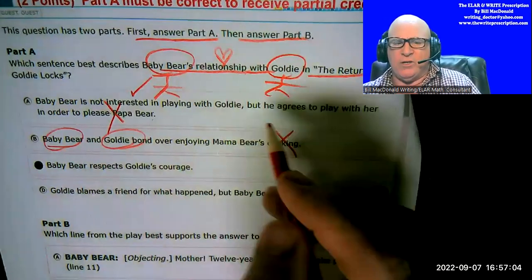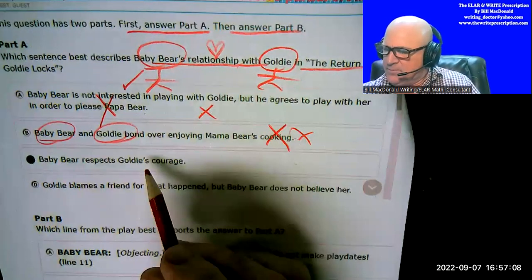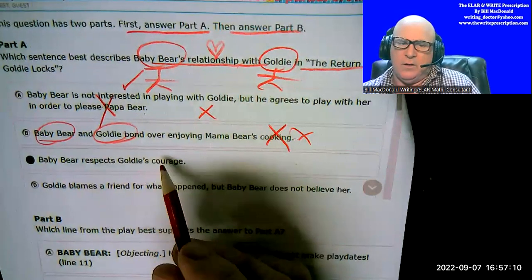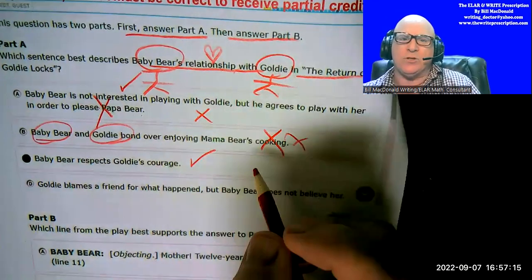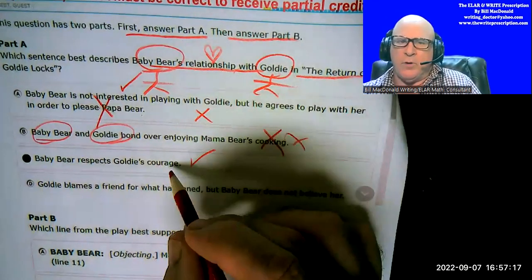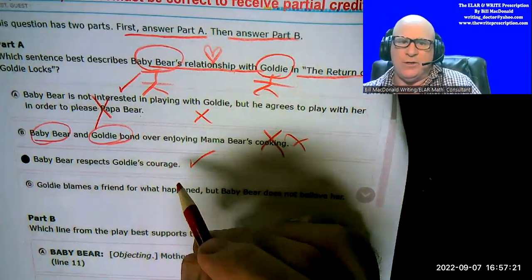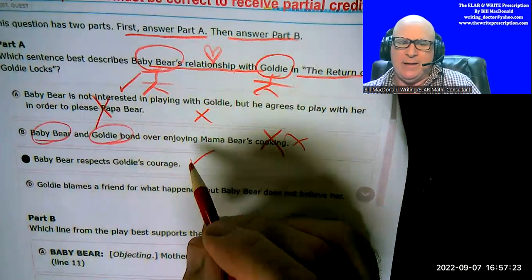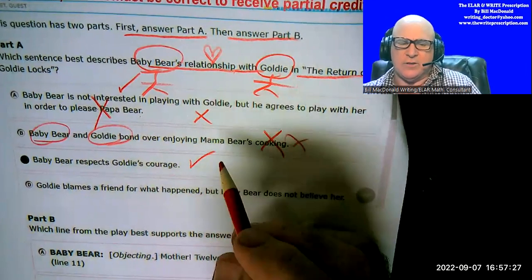Baby Bear respects Goldie's courage. So towards the end, when Goldie explains why she broke into the house, broke Baby Bear's chair, ate the porridge, and slept in Baby Bear's bed, this is basically the return of Goldilocks.